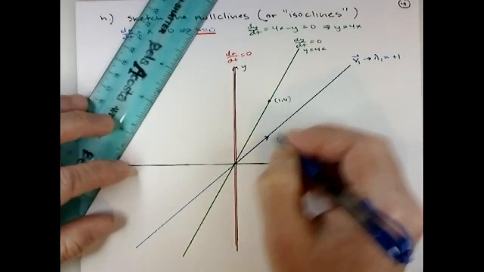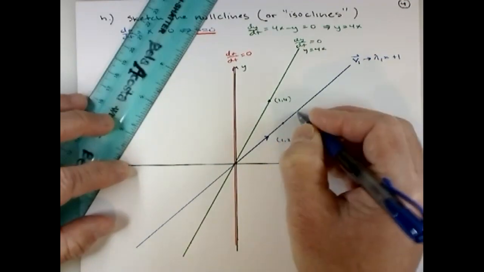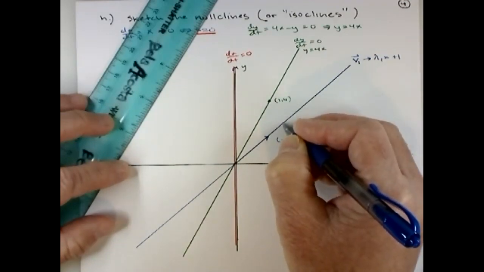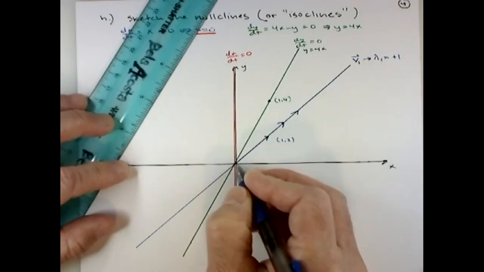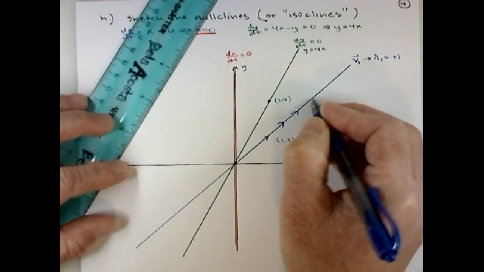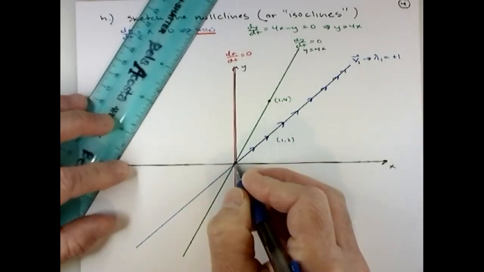So here's what you could then do with your eigenline. Every point on this eigenline, if you think about what's happening to x and y, they're both going away from our equilibrium right there. They're going directly away from the origin.